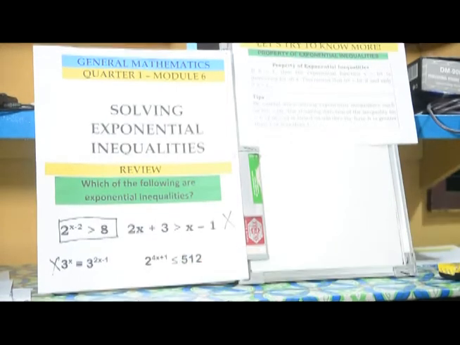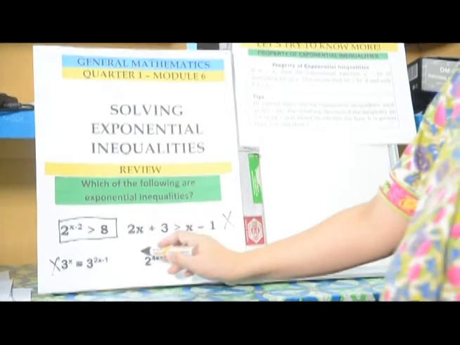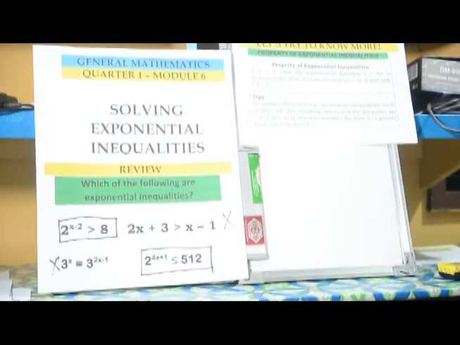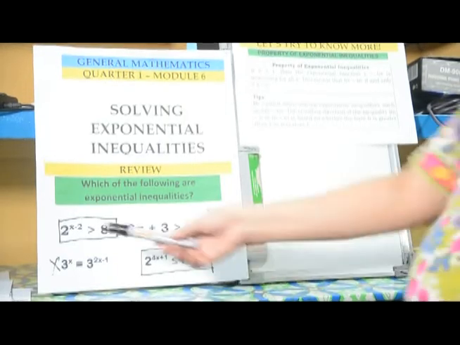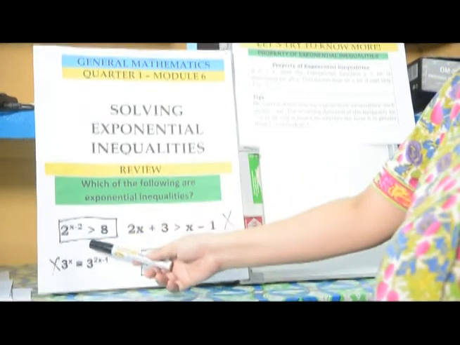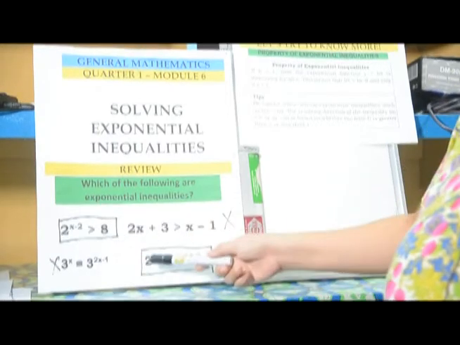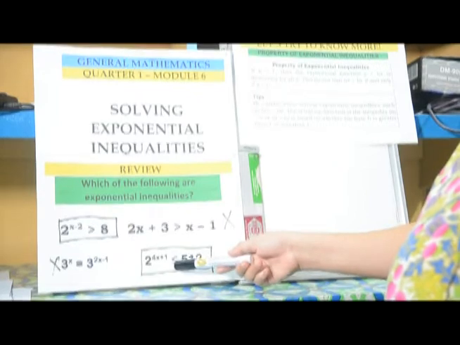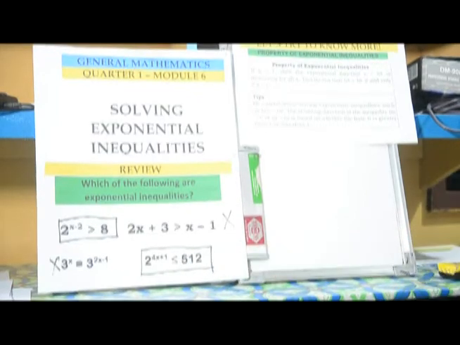So this one here is an exponential inequality. So we have 2 examples of exponential inequalities, which are 2 raised to the power of x minus 2 is greater than 8, and 2 raised to the power of 4x plus 1 is less than or equal to 512. So we only have 2.